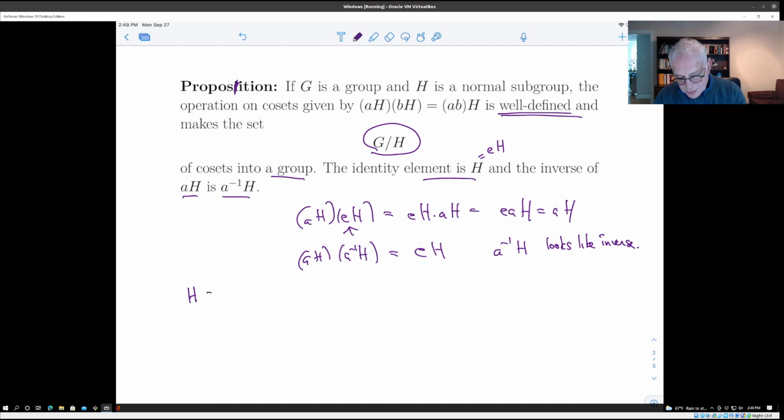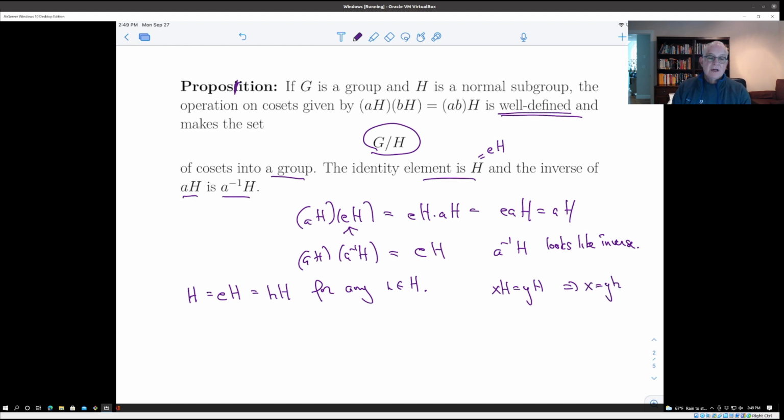Well, it's certainly true that H is equal to EH, but it's also equal to hH for any h in H. Remember that two cosets XH and YH are the same if and only if X is some multiple of Y by an element of H on the right, or equivalently, if they intersect each other.